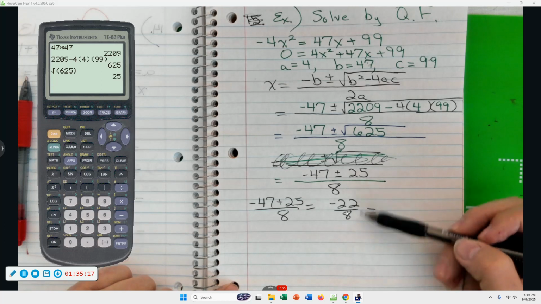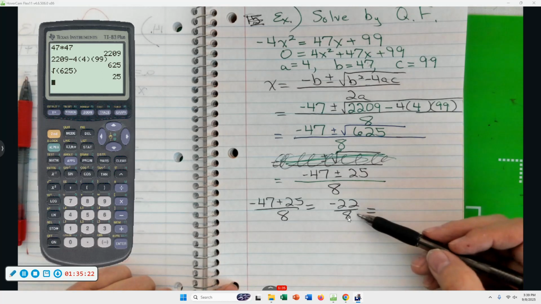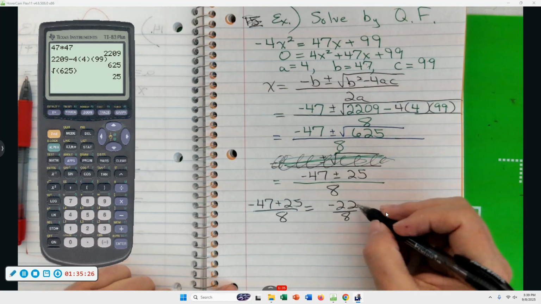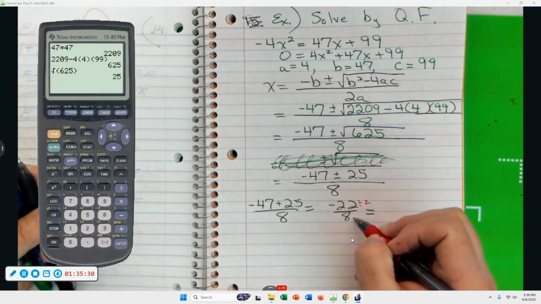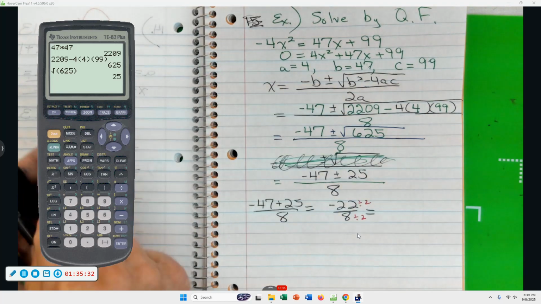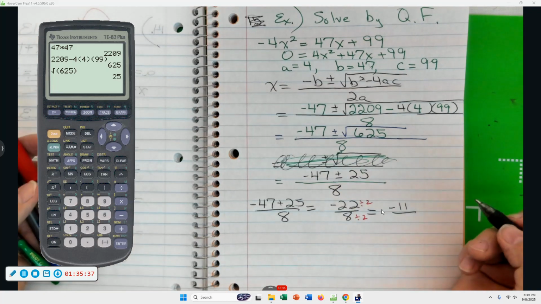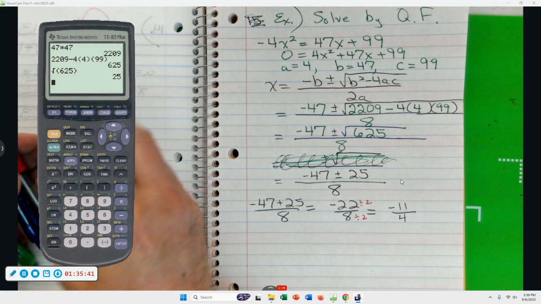What can we cancel above and below? 22 and 8 are both divisible by 2, so we divide by 2 to give us negative 11 over 4. There's my first answer.